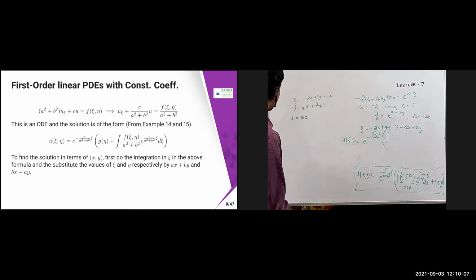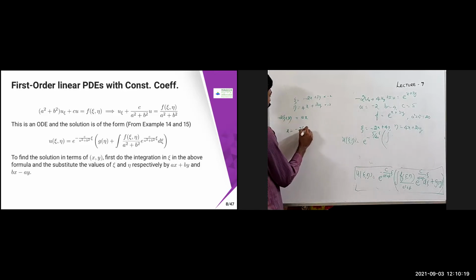So you are going to get chi plus eta here, minus 2 chi plus 3 eta. So x is going to become minus 2 chi plus 3 eta by 10.